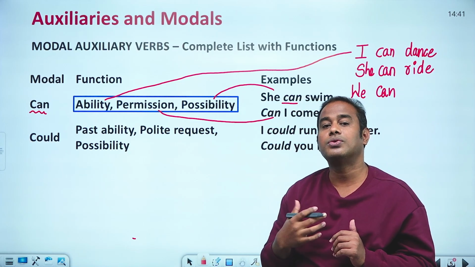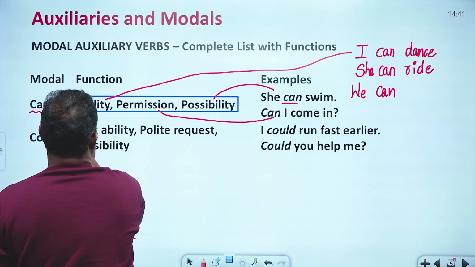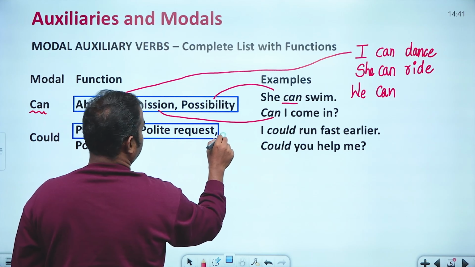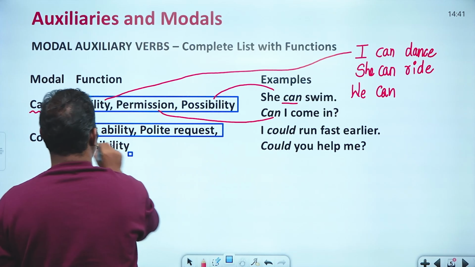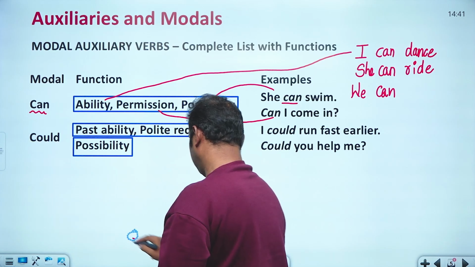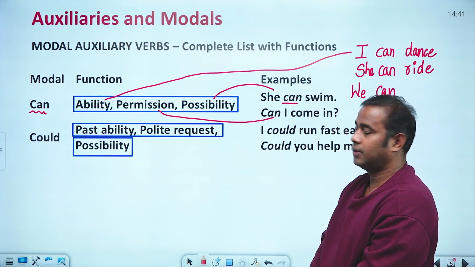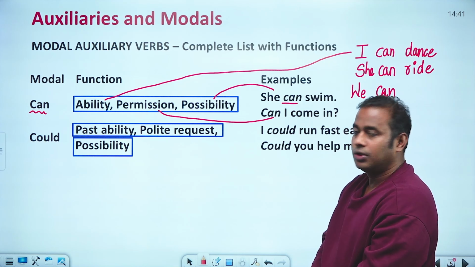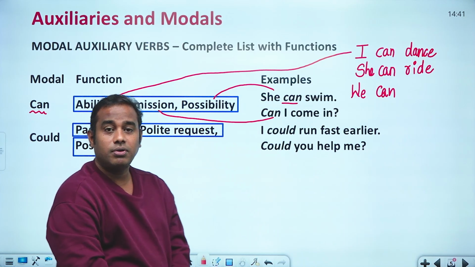Then where do we use could? Could is basically used for past ability, polite request, and possibilities. What is past ability? It means you were doing it before, but right now you are not.